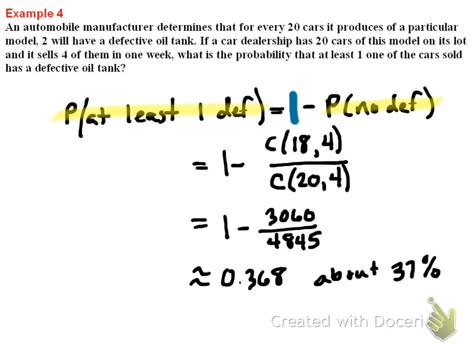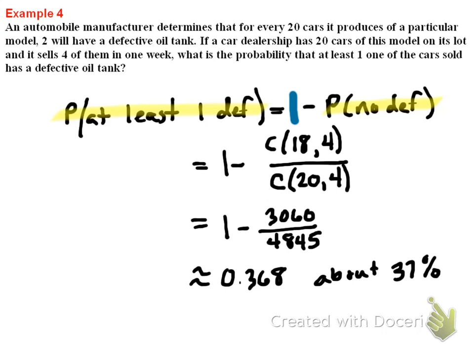If you look at probability as parts of the whole, they would come out to 1. So 1 minus the probability of no defective would give me the probability of at least 1 defective.